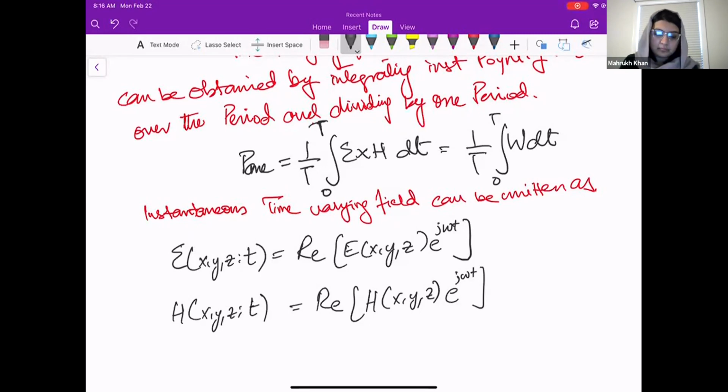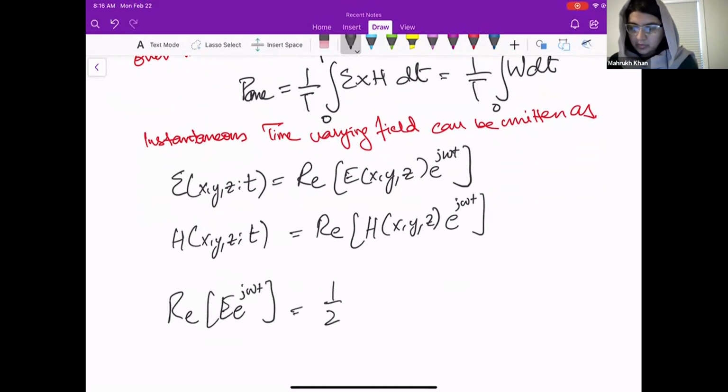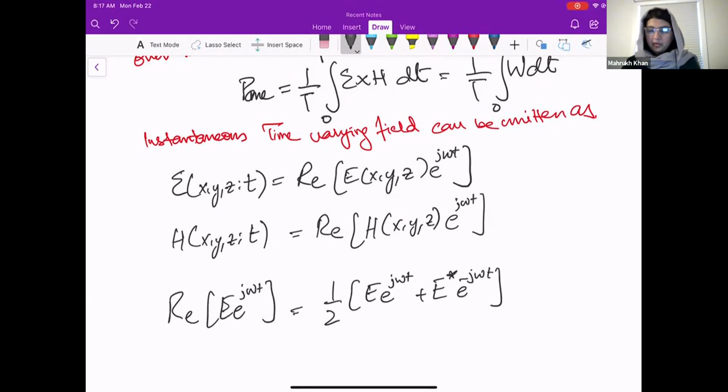Now, the real part of e^{j omega t} is actually also equal to, because that is cos, e^{j omega t}.